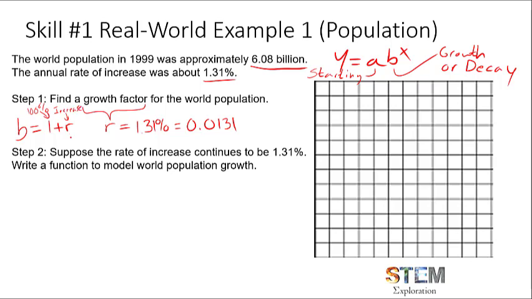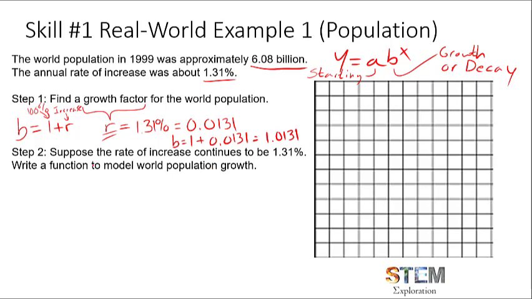If we understand what the r value should be, what the rate of increase is, we can then use that to find the b value. The b value in this given case would just be equal to 1 plus 0.0131, and this can be equal to 1.0131.